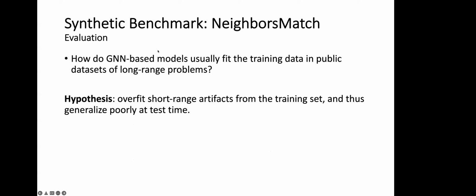And another question is, since all GNNs reached low accuracy at last in this experiment, how do GNN-based models usually fit the training data in the public data sets of long-range problems? Their hypothesis is that they overfit short-range artifacts from the training set and thus generalize poorly at test time.